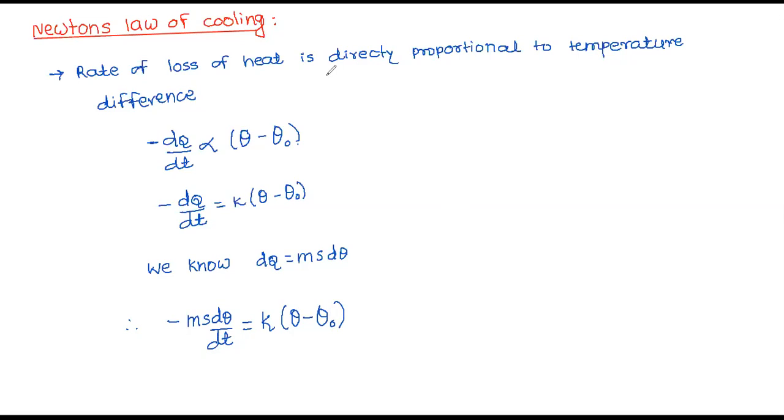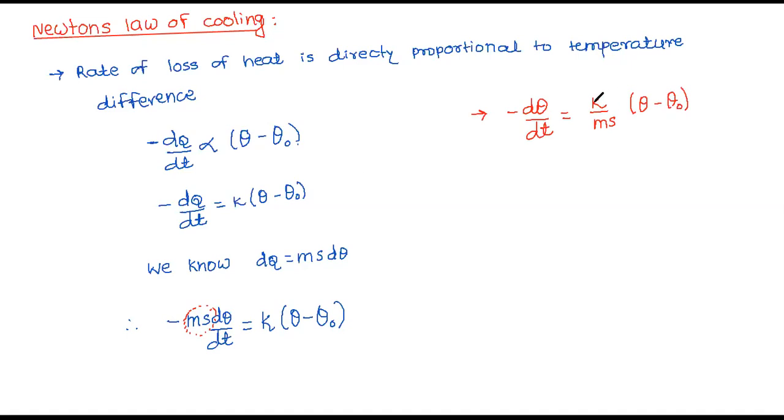Now see what I am doing. This m s is there, no? I am transferring this to the other side, so I am getting minus d theta by dt is equal to k divided by m s into theta minus theta naught. Okay, got it?